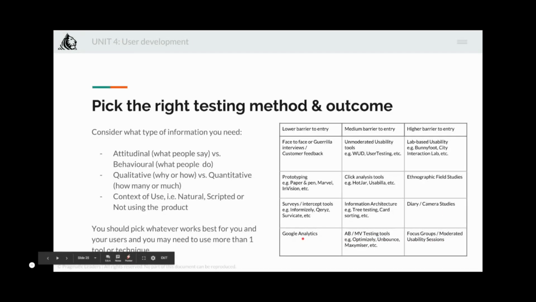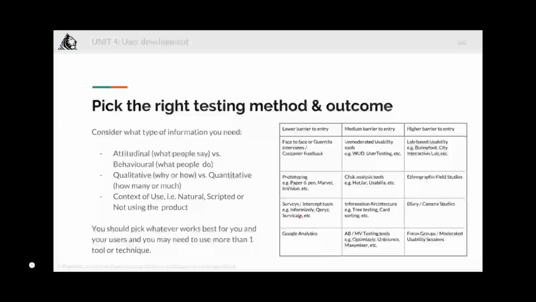As compared to this, Google Analytics is very easy, right? You just have to plug in 2 lines of JavaScript code and you're done. Correct? Similarly, conducting surveys is also very simple because you just have to design the survey and plug in a JavaScript code and you're done. Correct? And then people will keep coming back to your site and they will fill out your surveys, whoever is interested in doing it. Correct? So there's a difference in the complication or the effort that it takes to do these user research methods.